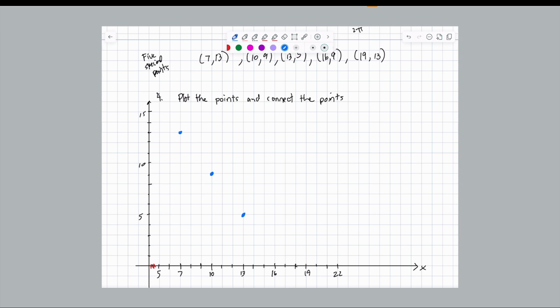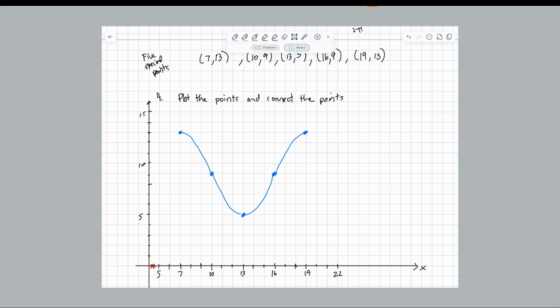And then at 16, 9. And then 19, 13. So those are our nice points there. And then we would connect it with a nice smooth curve that resembles the cosine graph. All right, so that's one cycle of that curve.